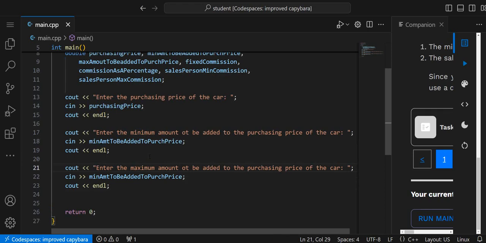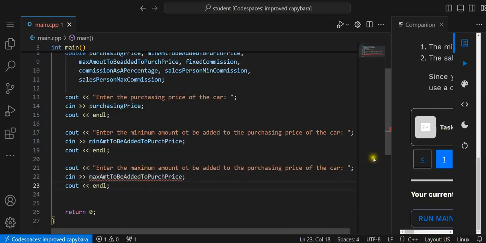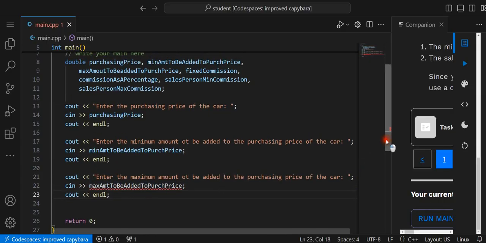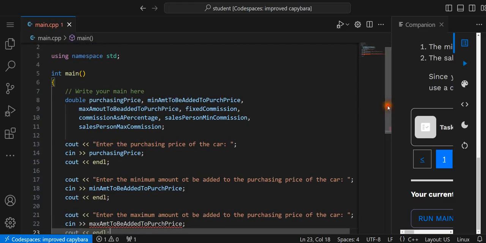Enter the maximum amount to be added to the purchase price of the car. So this is going to be max amount to be added to the purchase price of the car. And if it's doing that, that means I didn't declare it right. Max amount to add it.